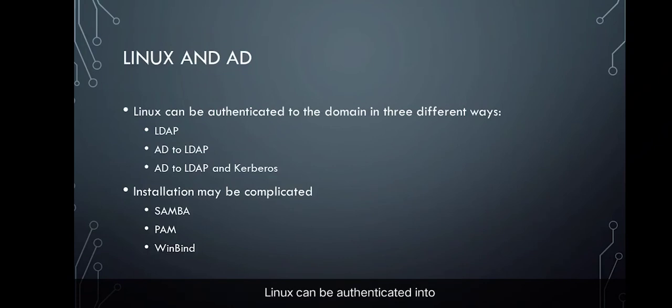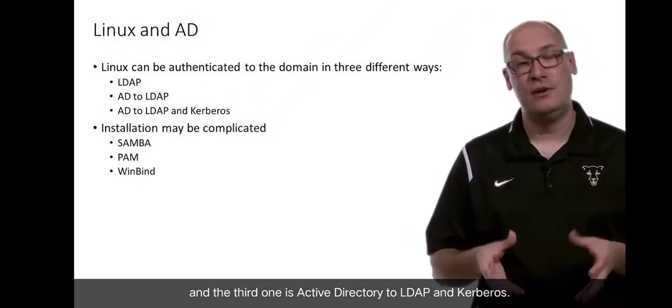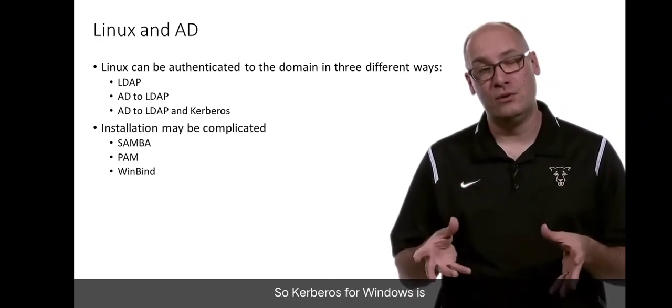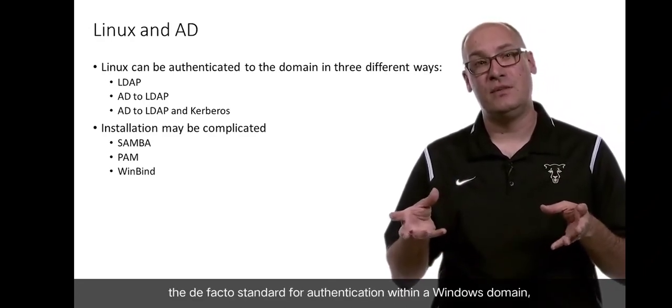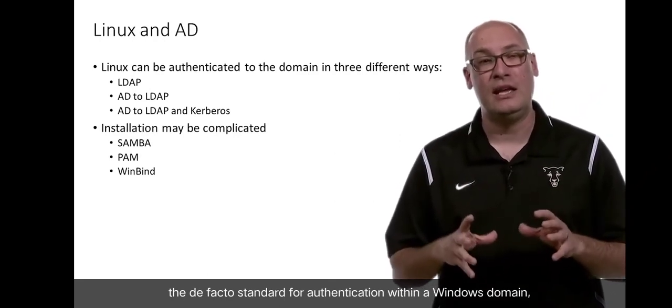Linux can be authenticated into the Active Directory domain with authentication in 3 different ways. So first of all, LDAP, second is Active Directory to LDAP, and then the third one is Active Directory to LDAP and Kerberos. So Kerberos for Windows is the de facto standard for authentication within a Windows domain.